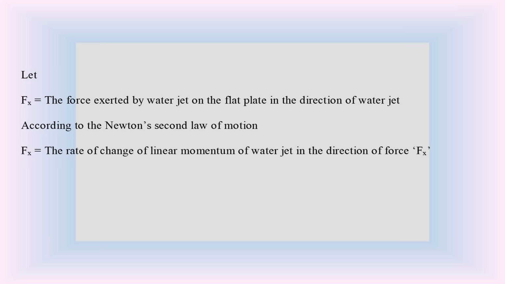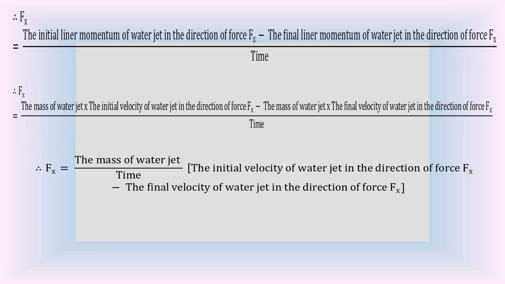So find the linear momentums first. Fx is equal to the initial linear momentum of the water jet in the direction of force Fx minus the final linear momentum of the water jet in the direction of force Fx, divided by time. This is Newton's second law: force is equal to the rate of change of linear momentum in the direction of force.